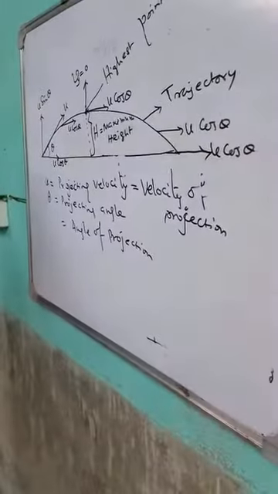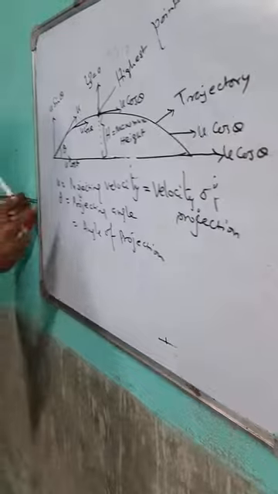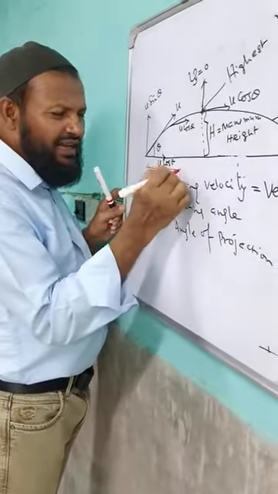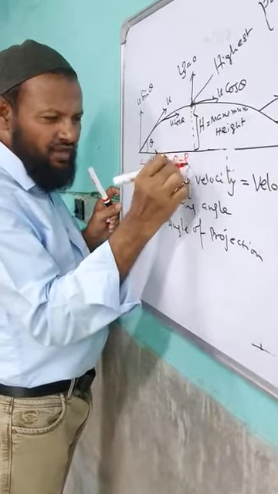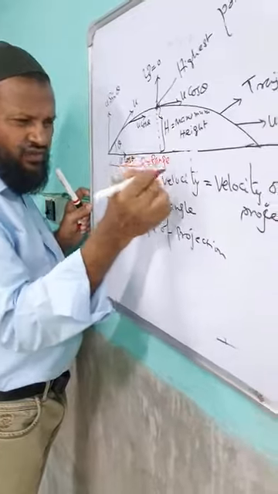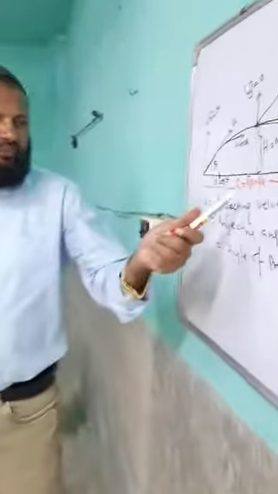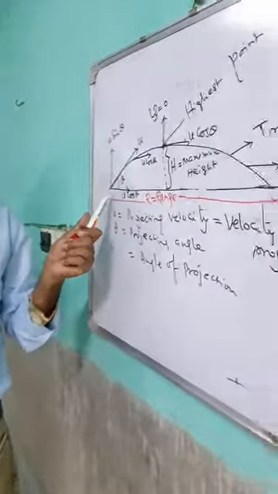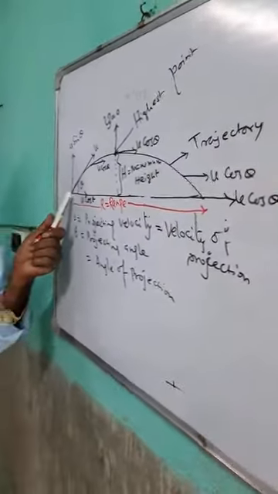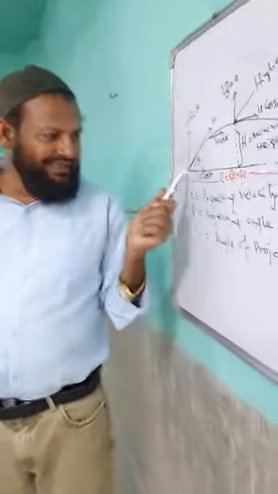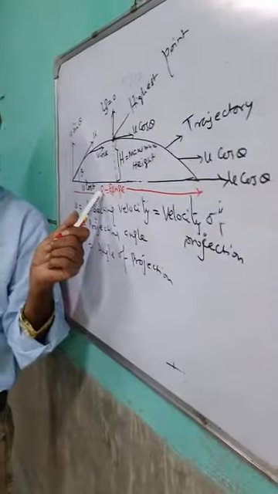Now one thing is important. Here to here, this is known as R. R comes from range. In Bengali it is called Prokhep Shima. From the initial position to the final position, the horizontal displacement is the range.